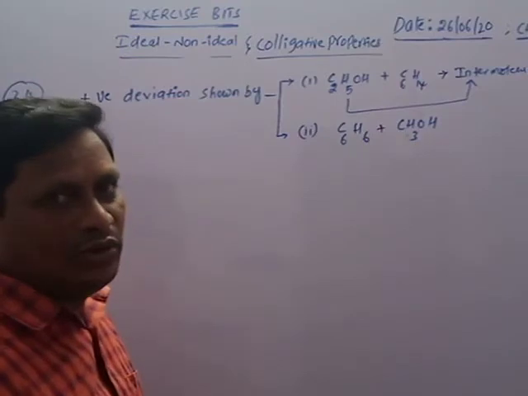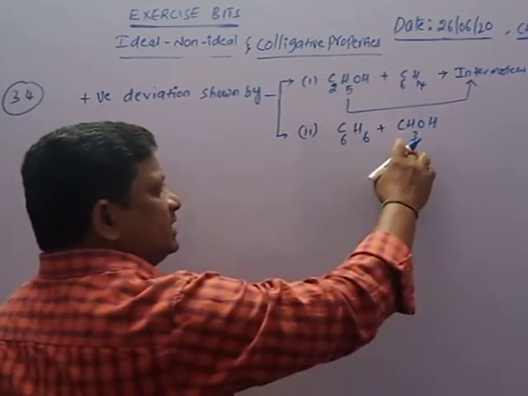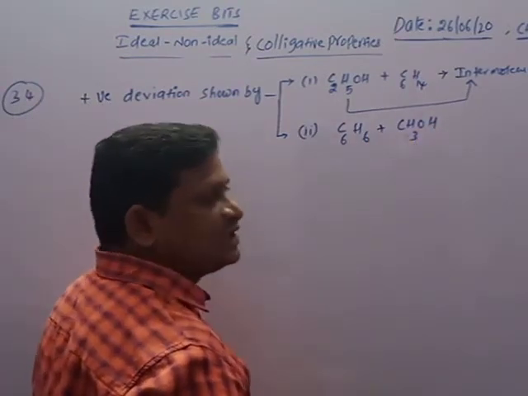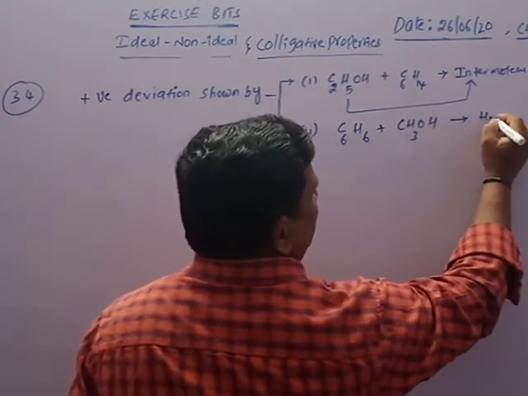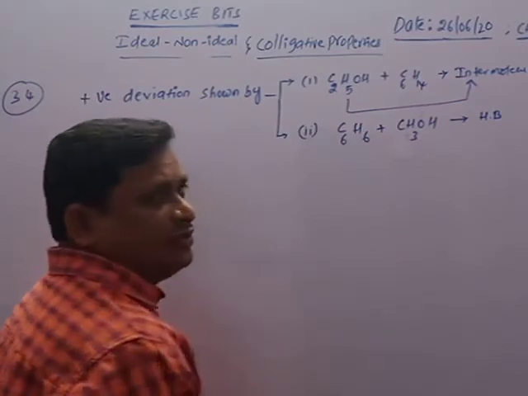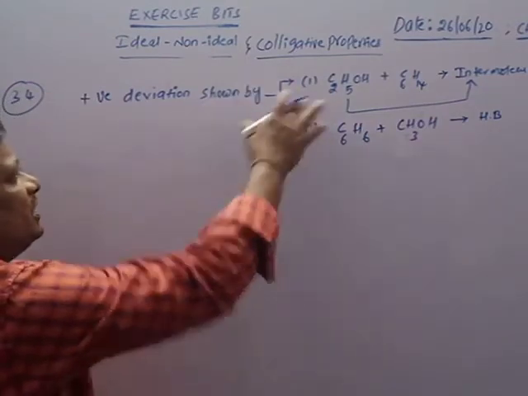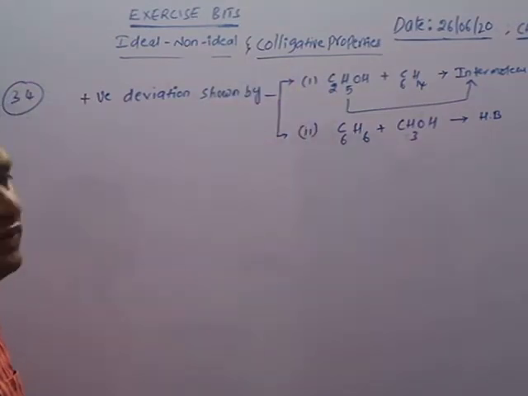C2H5OH is ethanol, ethyl alcohol, and CH3OH is methanol, methyl alcohol. In methyl alcohol also, intermolecular hydrogen bonds are present. So these two are examples of positive deviation.